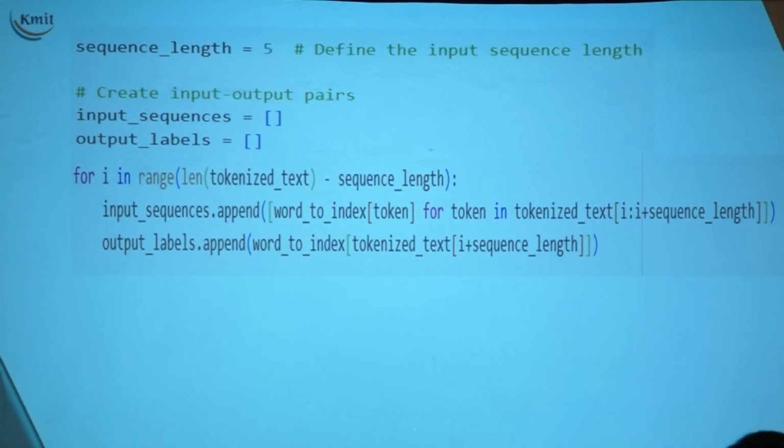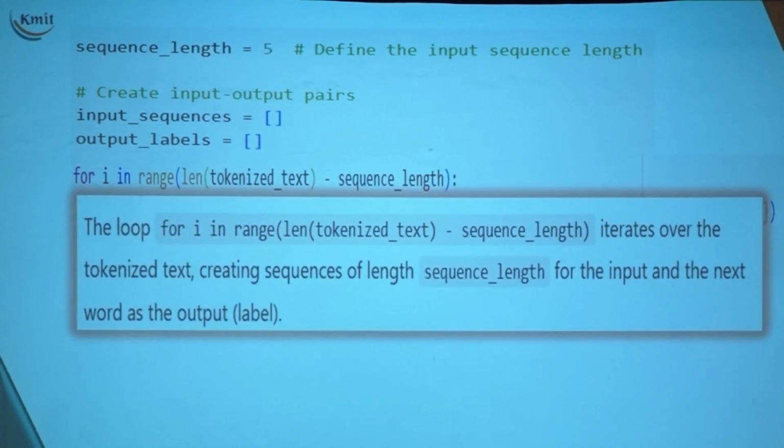Now, for i in range of length of tokenized text minus sequence length, why is this loop written? This particular loop iterates over the tokenized text, creating sequences of length 5, which we have defined, for the input, and the next word as the output. So in the entire list of tokens that you have generated, the first 5 tokens, what is the next?